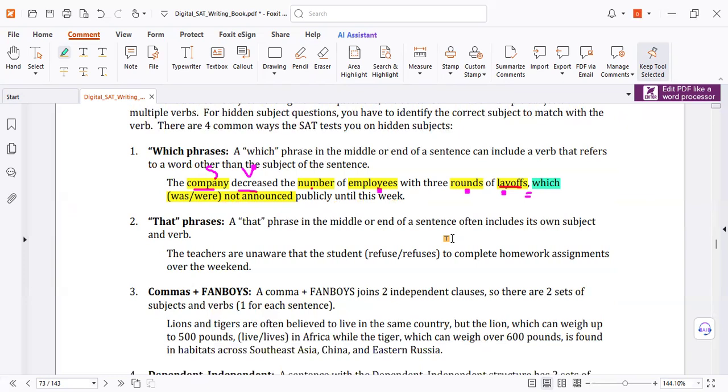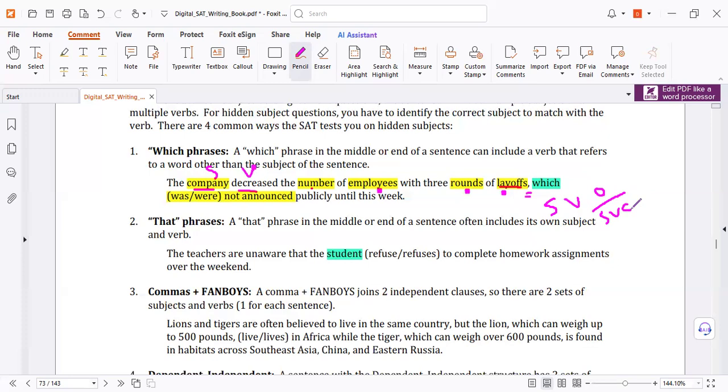Yes. Again, the teachers are unaware that what? The student. Here we call it a noun clause in English. Imagine subject, verb, object. The noun clause can be in the position of object, subject, or complement, like I think that, I believe that.